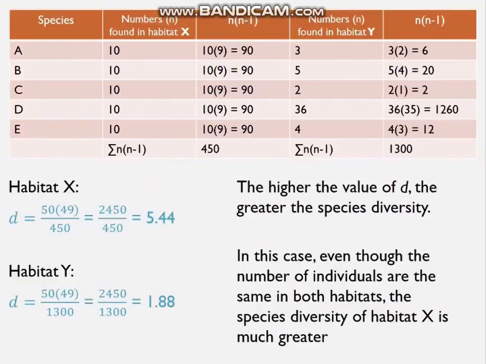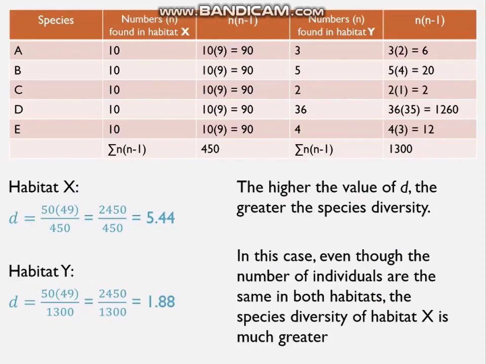For the top part of our equation, we need to calculate capital N, which is the total number of all individuals across all species. We do this by finding the sum of the n column. So for habitat X, this is 10 plus 10 plus 10 plus 10 plus 10, which equals 50.